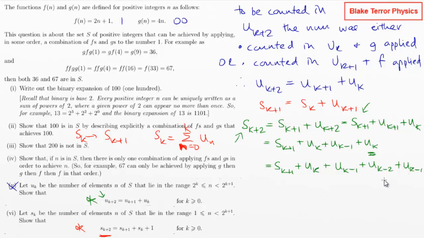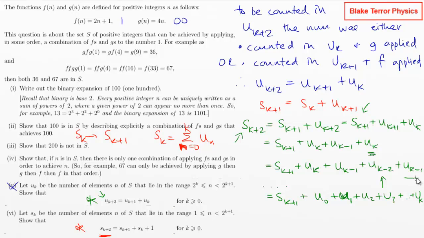Right, so I'm going to keep on doing this until that thing gets to U0. So we keep doing this until we get SK plus 1 plus, so we'll have a U0 at the end. We'd have a U1 and a U2 and a U3 all the way up to UK.